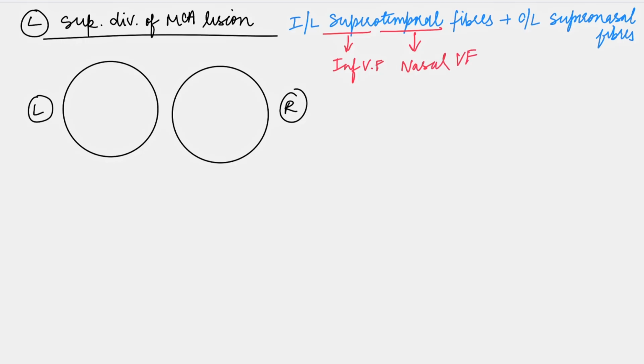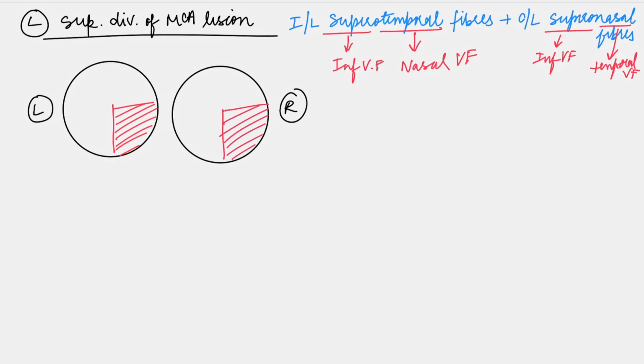So based on this, you'll have ipsilateral loss of the inferior nasal visual field, that is here. And contralateral superior is inferior visual field, and nasal is temporal visual field. So you'll have contralateral loss of the inferior temporal visual field.